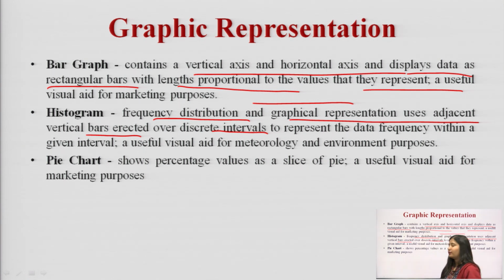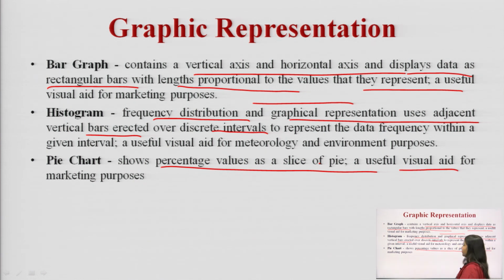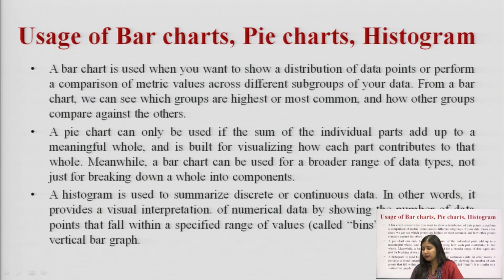Then the pie chart shows percentage values as slices of the pie and is a useful visual aid for marketing purposes. The bar chart is used when you want to show the distribution of data points for performance and comparison, meaning when you compare the different values you have put on the x axis, or the subgroups from your data.